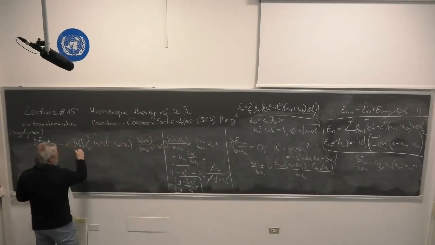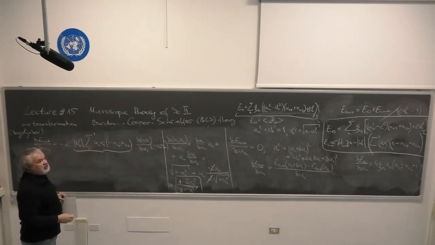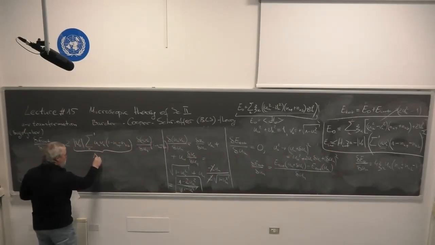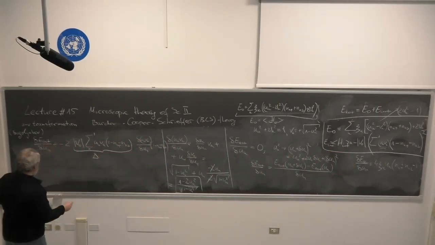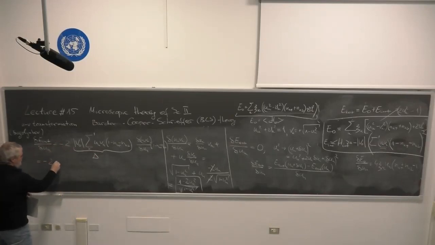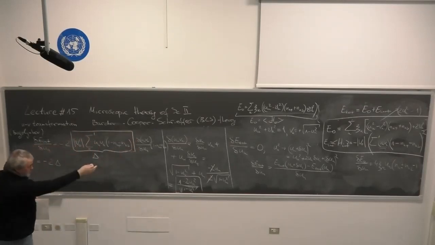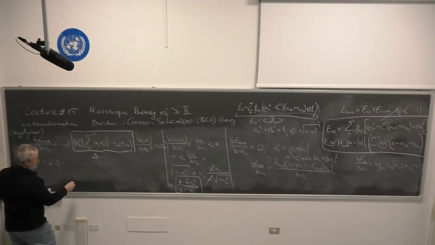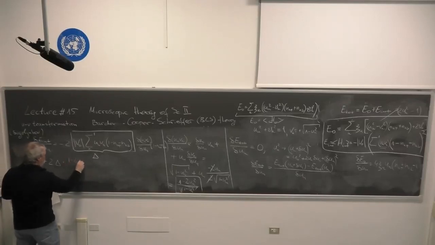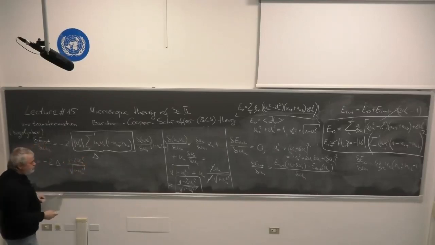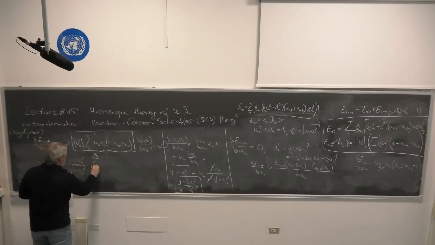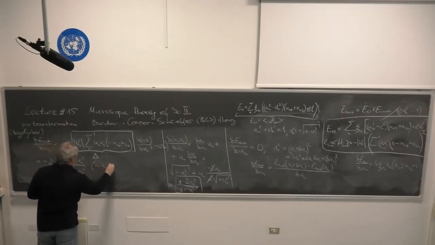You see that what I have here is again some functional of u_k and v_k, and let me introduce a notation and call it Δ. So what I have then is minus 2 times Δ, where Δ is this one, and I plug in what I obtained before: 1 minus 2 u_k squared divided by the square root of 1 minus u_k squared, times 1 minus n_k up minus n_k down.